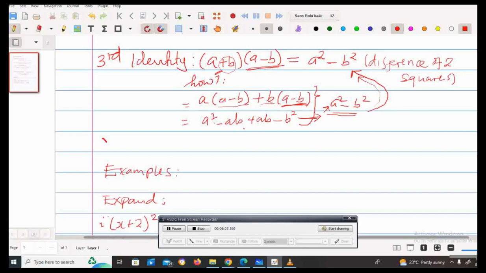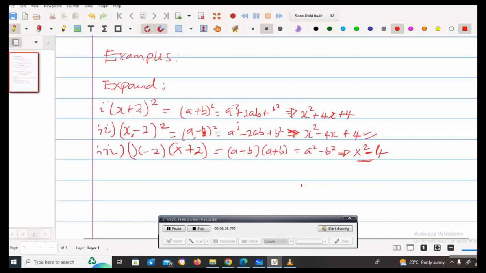So how do these identities help us in trying to expand quadratic expressions? Let's look at these three examples. The first one is x plus 2 squared. This is the same as the first quadratic identity, a plus b squared.